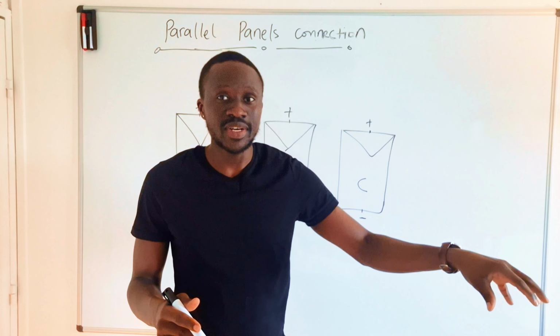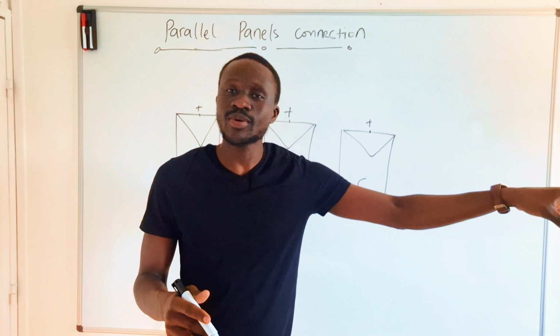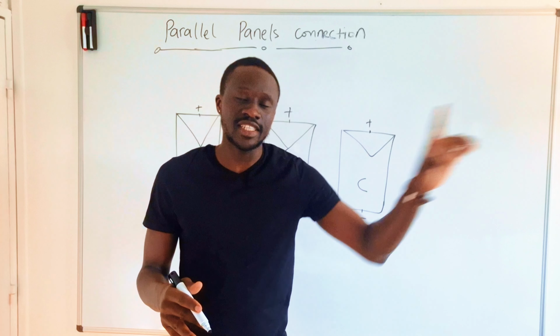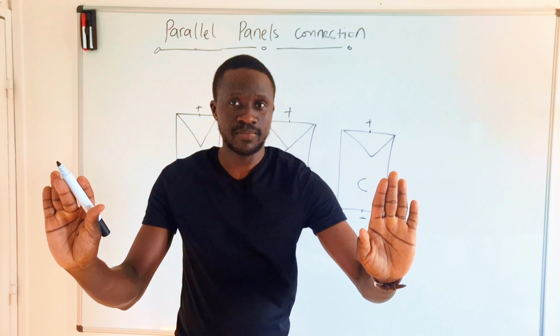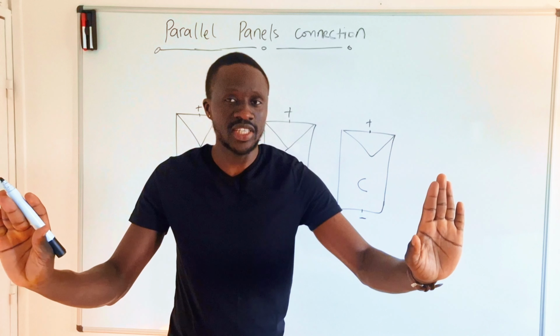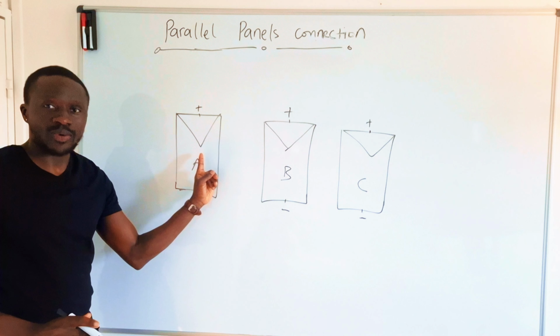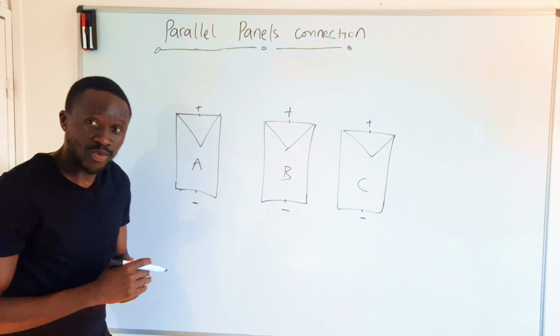To get more current, we shall connect the panels in parallel, so that we receive more current, but the voltage will remain constant. The voltage of one panel will not change.